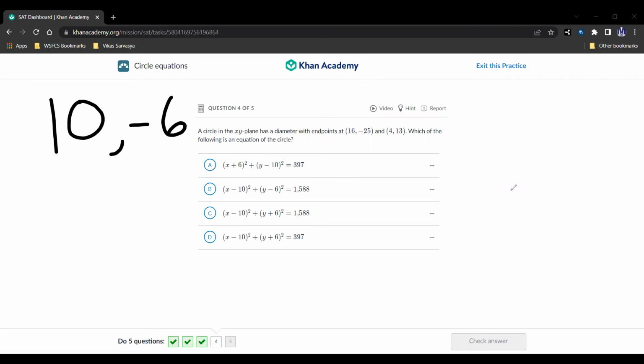The distance in x is 12, and between -25 and 13, our distance in y is 38. 38 squared plus 12 squared is 1588. So our diameter is the square root of that, or 39.8. So our radius is going to be half of that, or 19.9. Now we square that again to get 397, as you see right there. And our answer is going to be choice D.